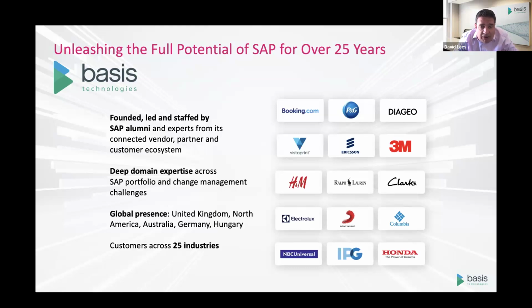We've got a global presence, so the UK and German flags on the previous slide are two of the markets that we operate in, but we actually have offices also in the US, in Australia, and elsewhere. You can see a selection of our customer logos on the right-hand side here, generally all well-known global or regional brands. And they come to us with a similar challenge, I would say, which is around helping them optimize their SAP change automation. Next slide, please.